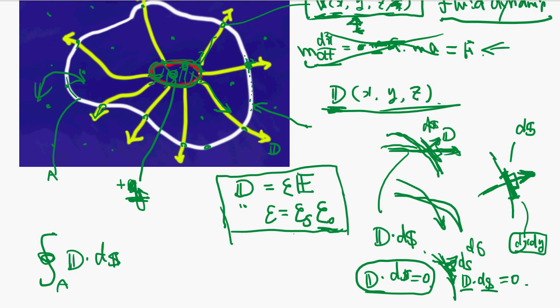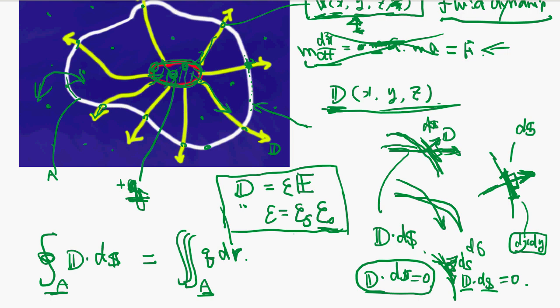And also you can have another integration, which is the volume integration of charge density over the volume. The A here is not surface, this A is volume, this A is surface. And what Gauss law says is they will be equal.